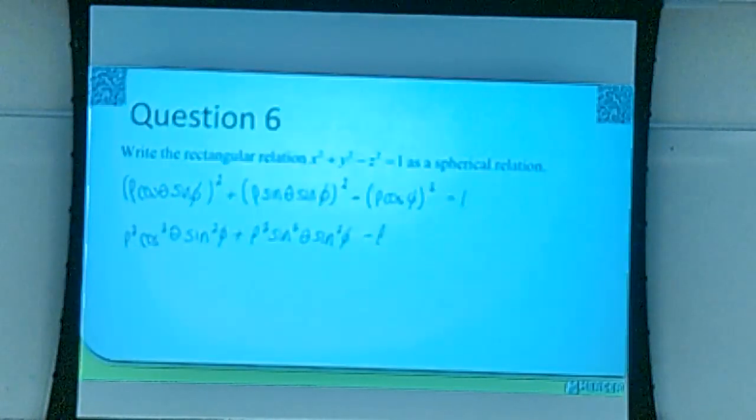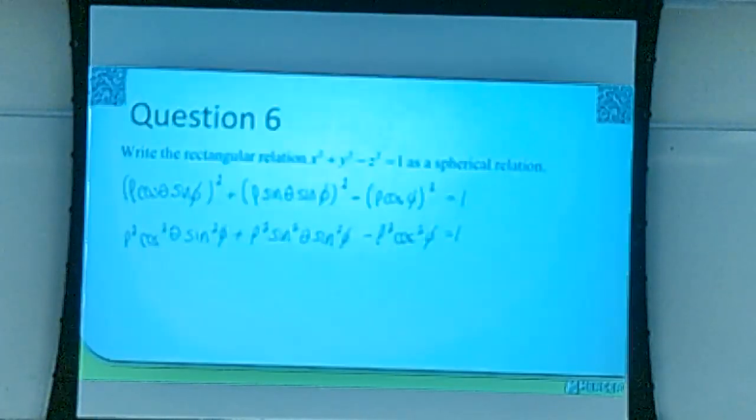Can we simplify that? Distribute that rho squared? Or sorry, take the square root of the whole thing?